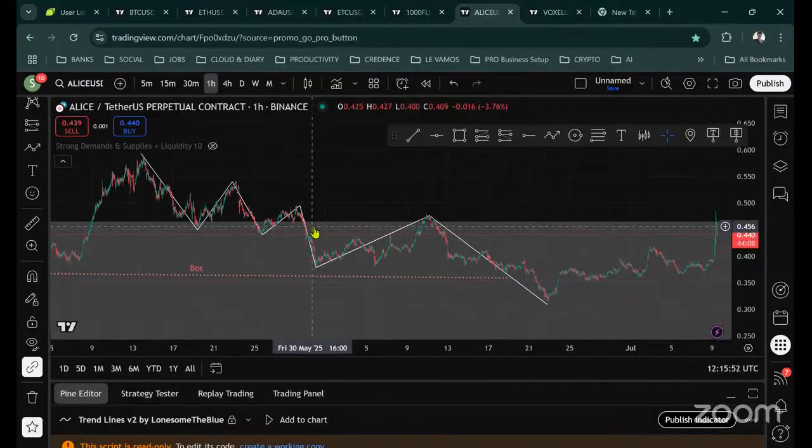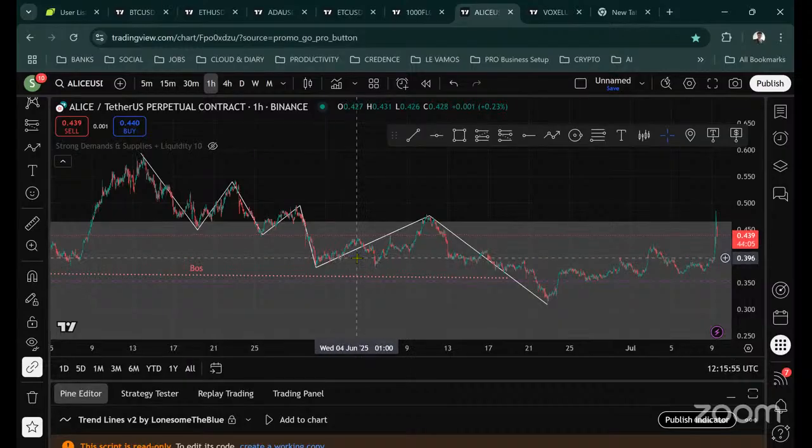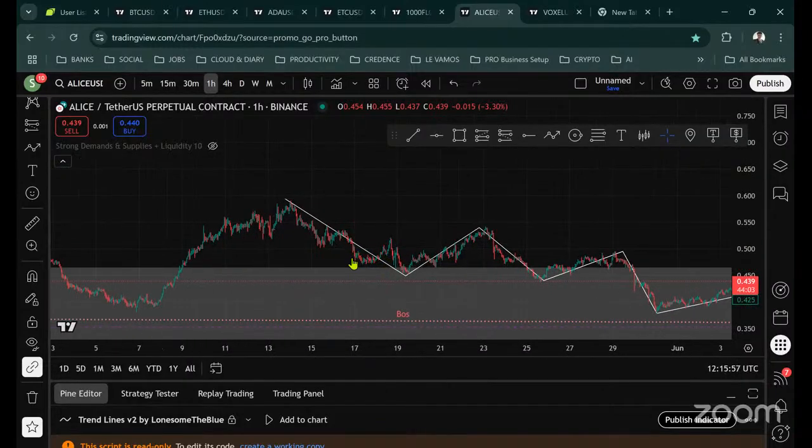Fine, so these are the valid pullbacks. If we go very minute, then these are all the valid pullbacks only.